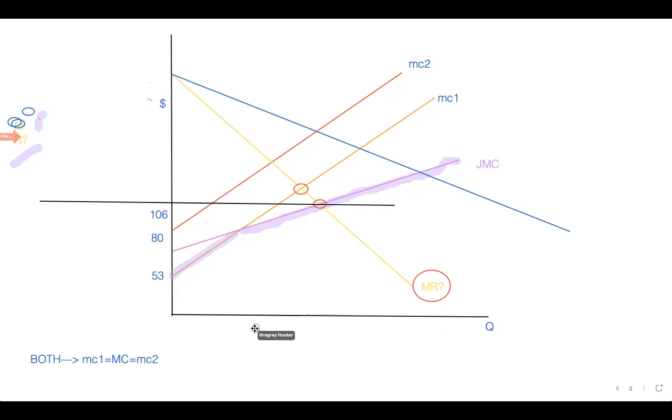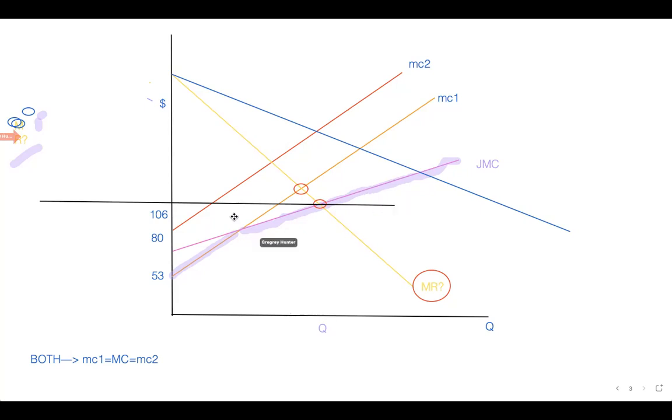What it does is, and now I'm going to move this label around, I'll just leave it as a purple one because I'm going to say that it identifies the joint production.